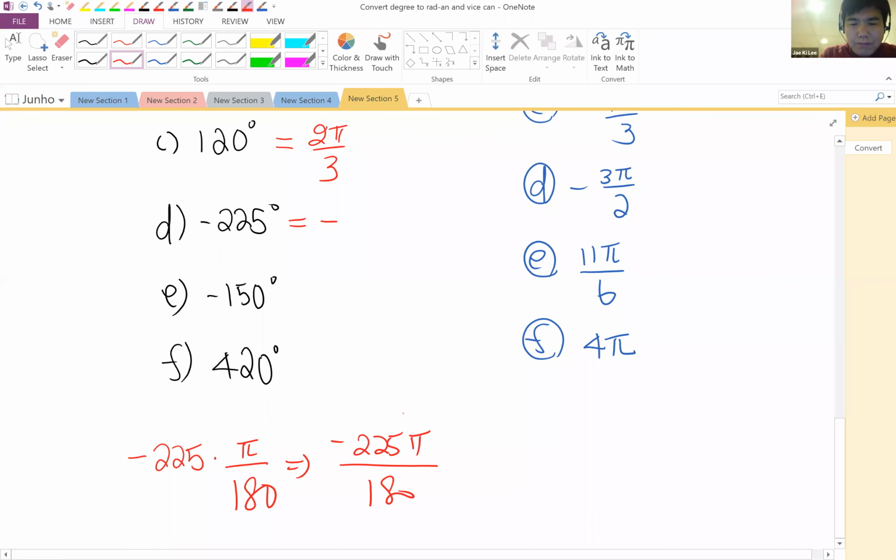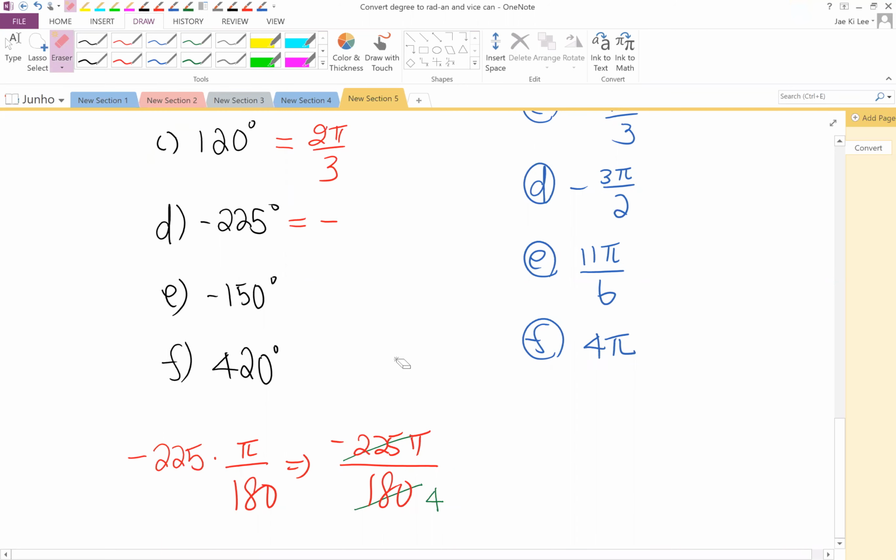Okay, let's start simplifying. Divide by 5, then this becomes 45, and this becomes 36.